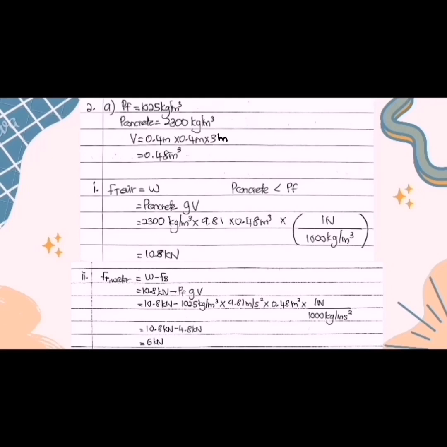So it is calculated as 10.8 kilonewton minus 1025 kg per meter cube times 9.81 meter per second square times 0.48 meter cube times 1 Newton over 1 kg meter per second square, equals 10.8 kN minus 4.8 kilonewton, which equals 6 kN. Therefore, the tension in the rope when the concrete block is completely immersed in water is 6 kilonewton.